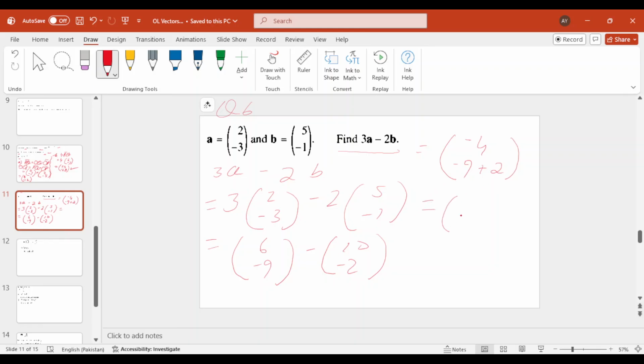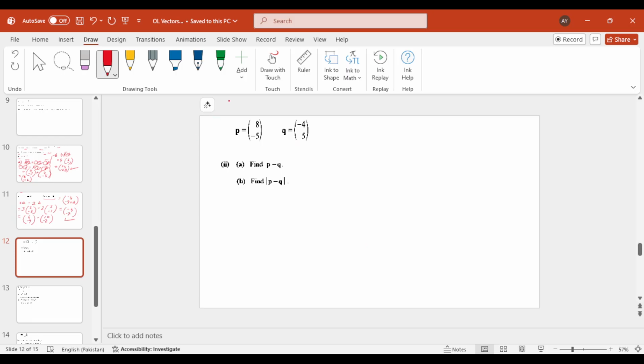So minus 4, and 9 minus 2 is 7. Again algebraically we put the sign of the greater value, that is minus, since the greater value is 9. So this is the answer.